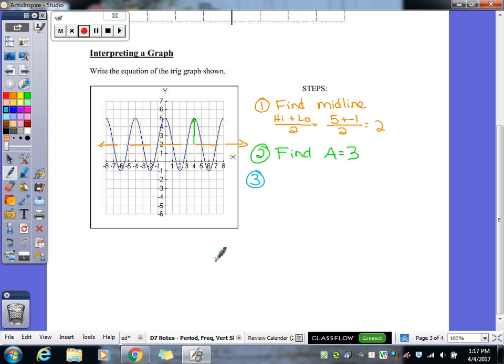Third step, we have to determine whether this is a sine or cosine curve. So again, here is our midline. If it were sine, it would start right there. But this one doesn't start there, so therefore this is what kind of curve? Cosine curve.